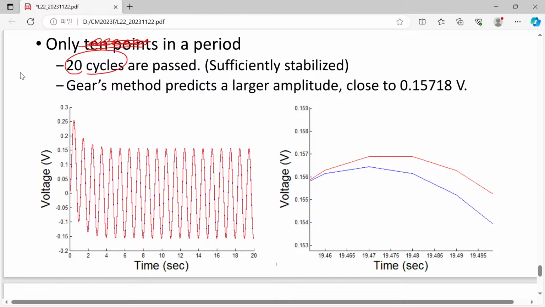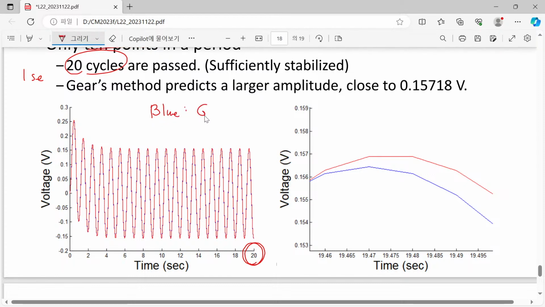Since the period is just 1 second, I ran the simulation up to 20 seconds, and this is the behavior. Once again, blue is backward Euler, and red is Gear's method.